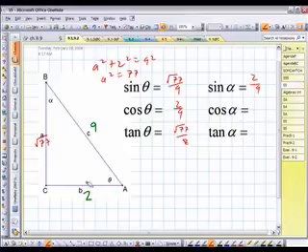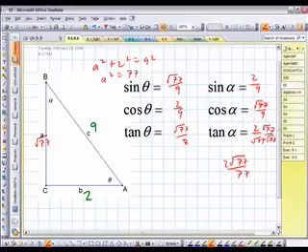Cosine of alpha, adjacent over hypotenuse, root 77 over 9. Tan alpha, opposite over adjacent, 2 over root 77, which you can rationalize the denominator, and you get 2 root 77 over 77. So now, a little algebraic interlude before we use the calculators.